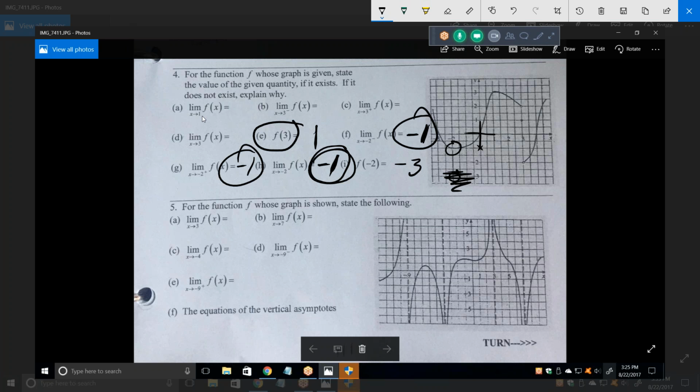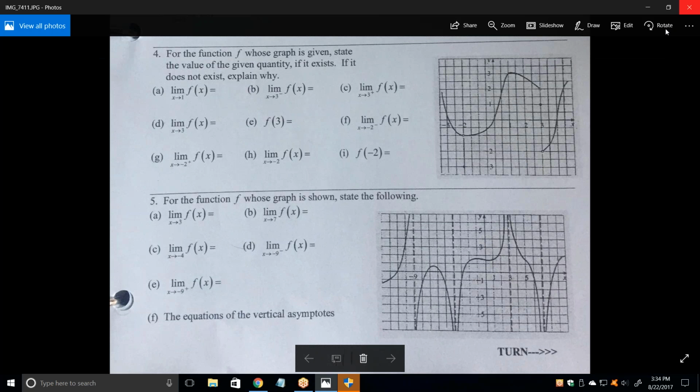So you would still have the limits as I approached -2 from the left, the right, and at -2 would all exist. It's really that simple when you're reading these graphs. All right, let's go down to the next graph, which is kind of similar.